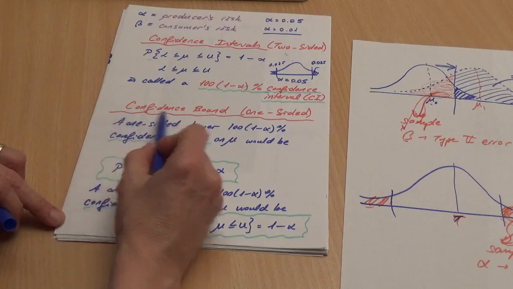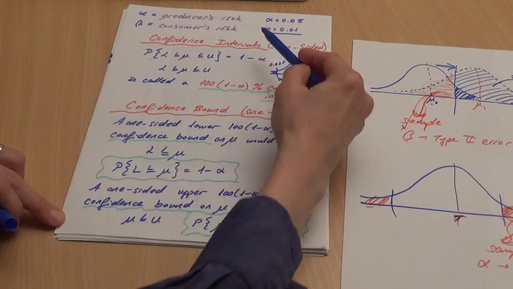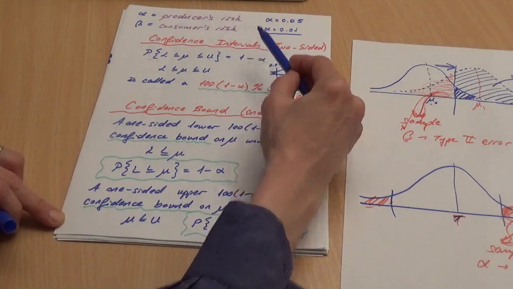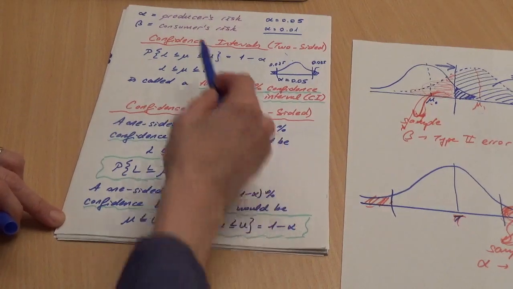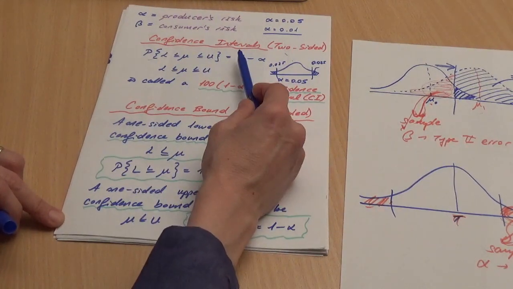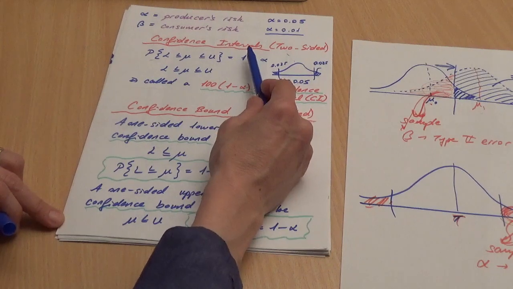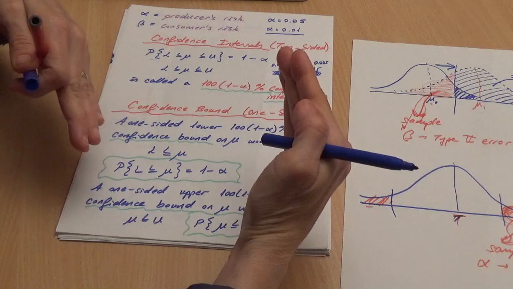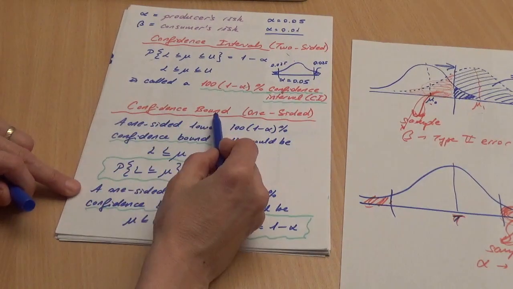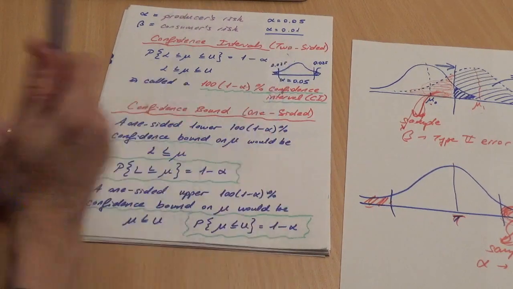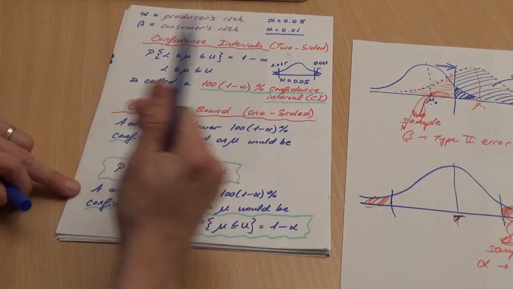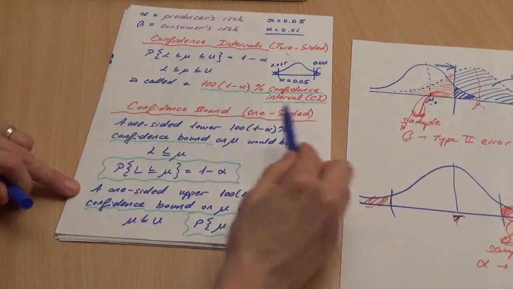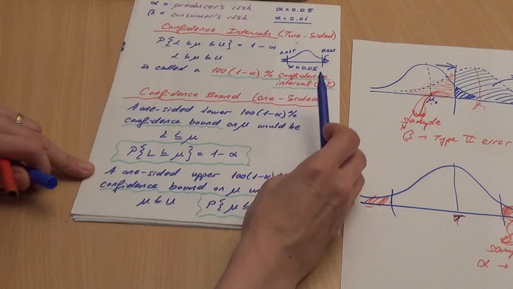So confidence bound. Now, what is the difference between the confidence interval and confidence bound? Confidence interval, as a word, means between some numbers. But confidence bound means you have either a lower bound or an upper bound, so it means one-sided.